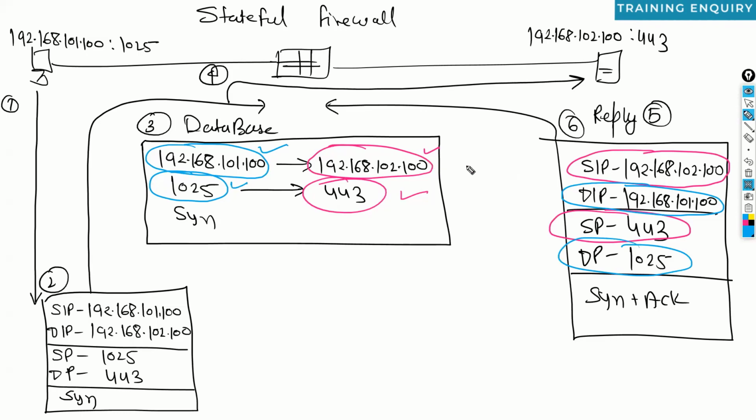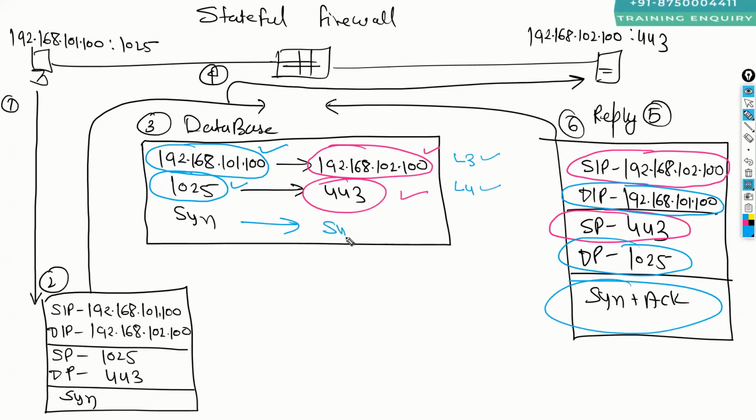So when reply comes, layer 3 information will be checked, layer 4 information will be checked here, and what is coming back, SYN plus ACK. When SYN was sent, only SYN plus acknowledgement can be expected. That means if it's an ACK, it will be dropped.